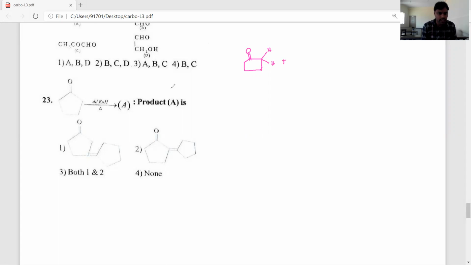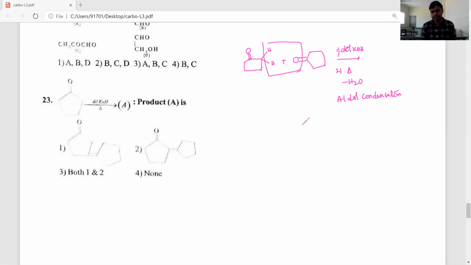It involves 2 moles, so we need to take 2 moles of cyclopentanone in the presence of dilute KOH. Upon heating, loss of a water molecule gives the aldol condensation product. Okay, aldol condensation product. Then this water molecule is lost. The product is this. So the option is the second option.